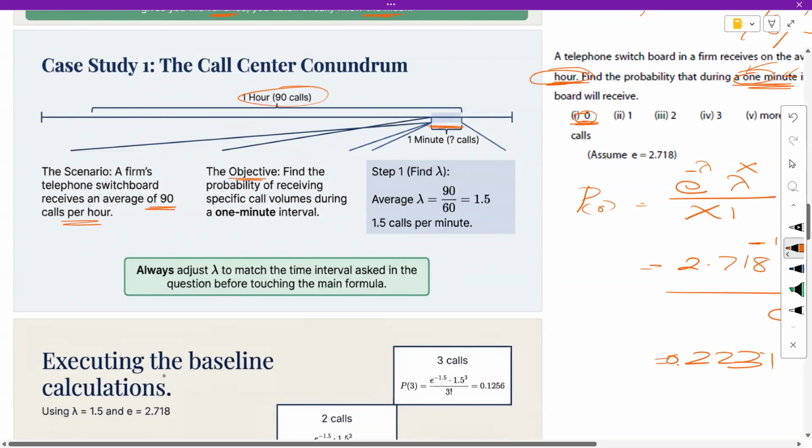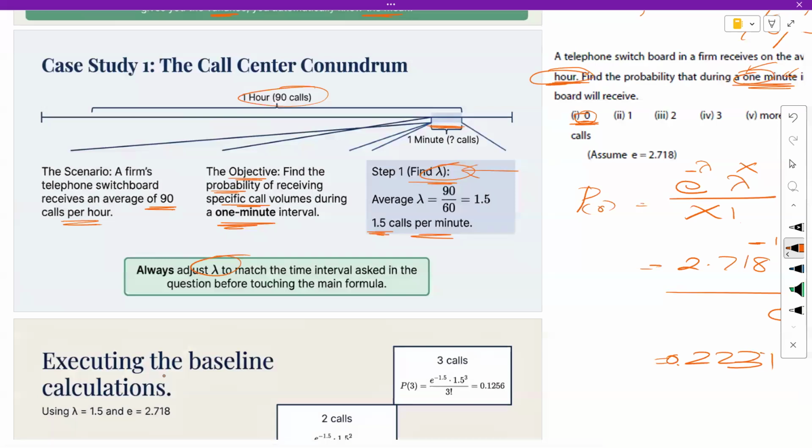The objective is to find the probability of receiving specific call volumes during 1 minute. So we have to find lambda, the average: 1.5 calls per minute. Always adjust lambda to match the time interval asked in the question before touching the main formula.